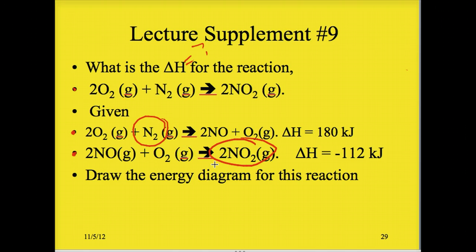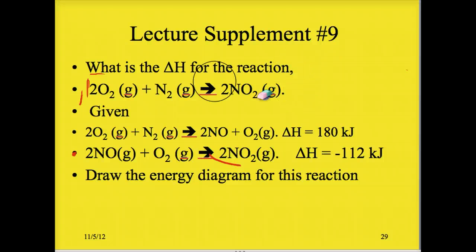In order to combine these two to get the reaction we're looking for, all we have to do is add our two reactions up. When you add your two reactions up, what's going to happen? Let me erase a lot of this to get it out of the way.